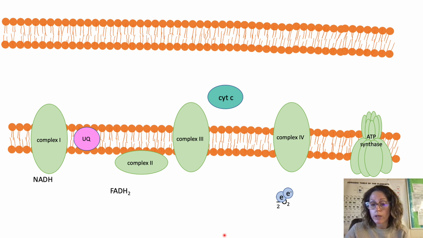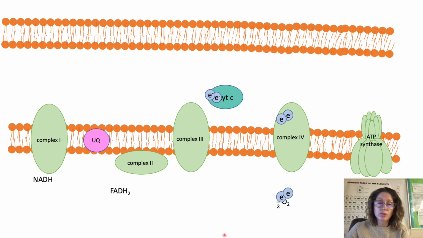Complex 4 needs 2 more electrons, and it can't take them from oxygen. So it's going to turn around and take them from cytochrome c, because complex 4 is more electronegative than cytochrome c. Cytochrome c wants 2 electrons. So cytochrome c says, hey, complex 3, give me yours, because cytochrome c is more electronegative than complex 3.